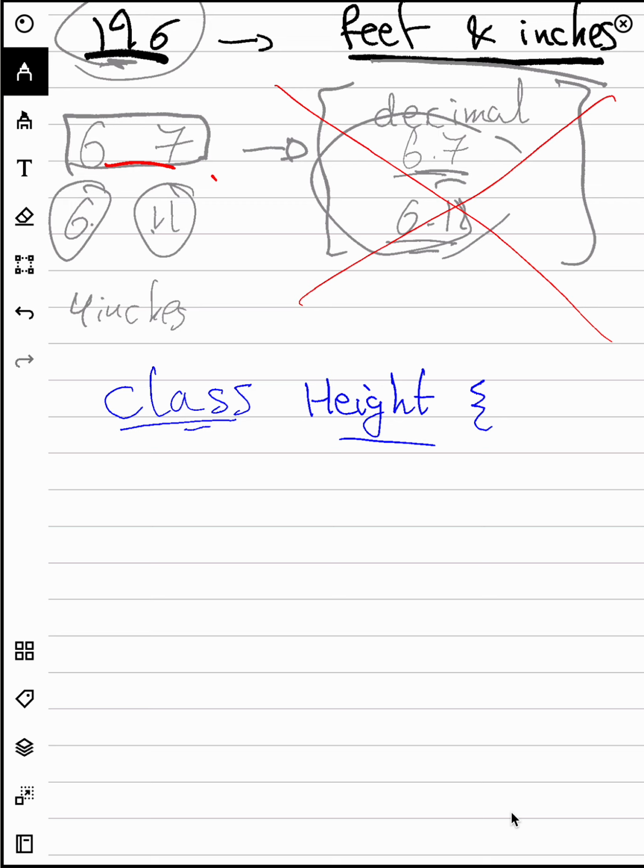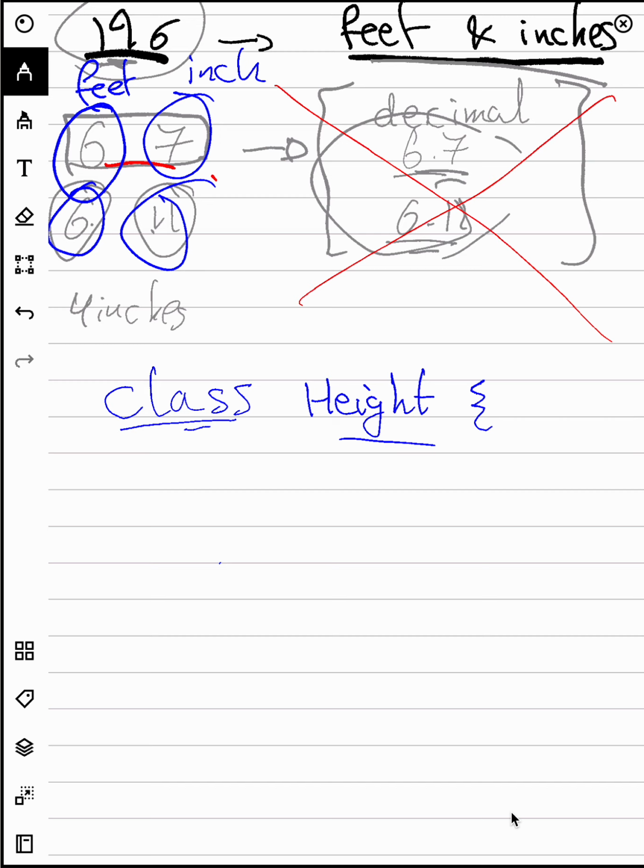You want it to be saying something like 6'7" or 6'11", right? Mm-hmm. So it's always like a feet and inch number, right? Exactly. Does that help you with what fields we need for the Height class? Do we need two fields, one for feet and one for inch? That's precisely right. Yeah, so we need a feet and we need an inch field.